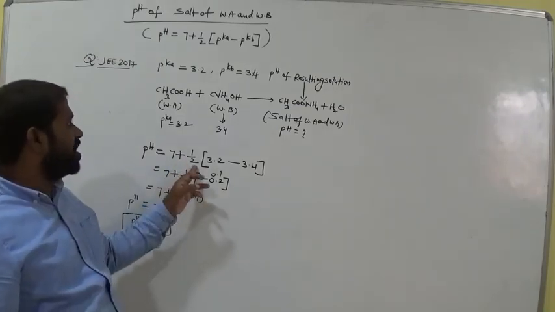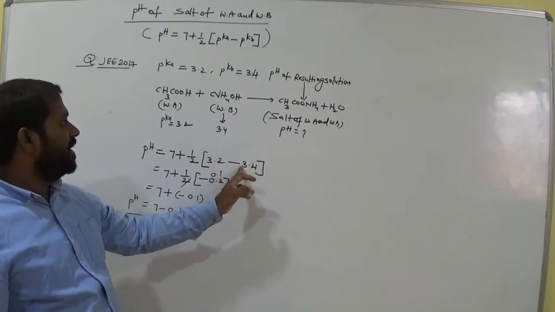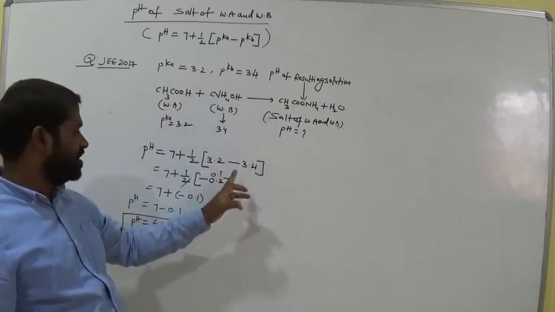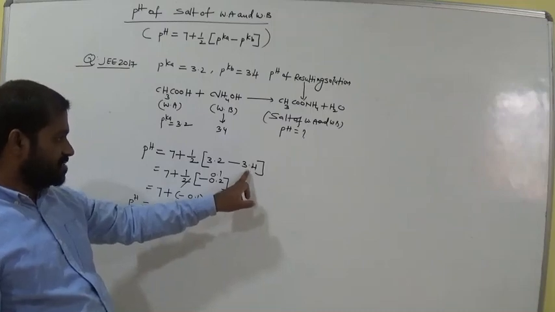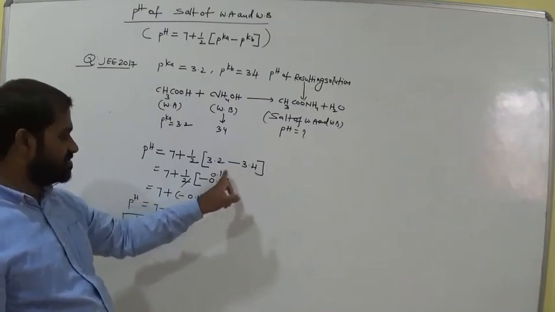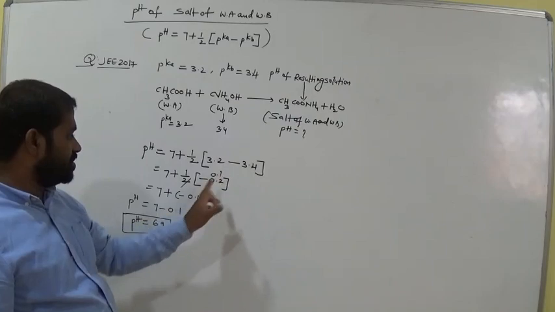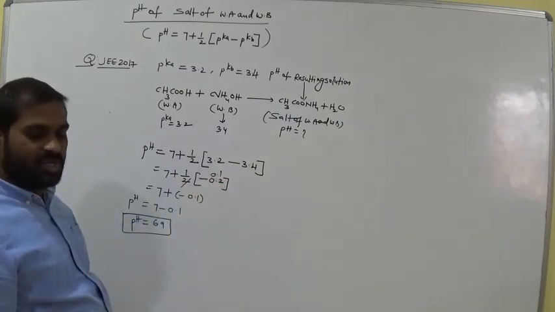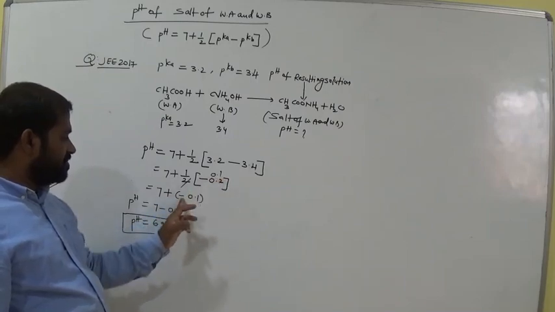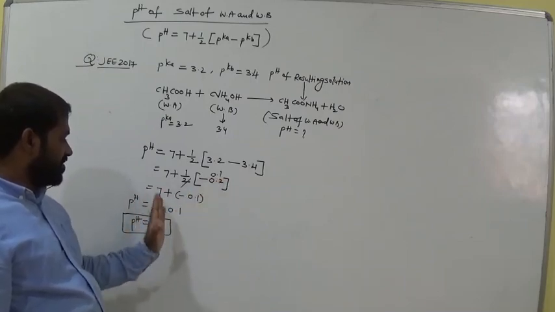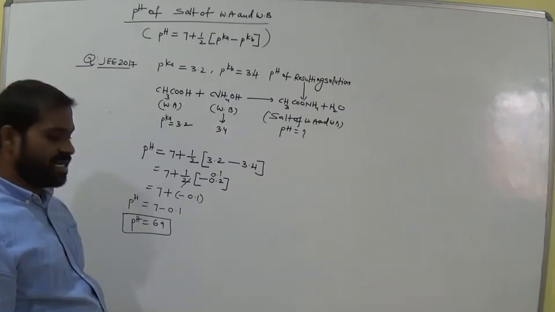So pH equals 7 plus half of pKa, which is 3.2, minus pKb, which is 3.4. Now subtract these values, we get minus 0.2. Since 3.4 is the higher value, we get a minus sign. Half of 0.2 is 0.1. Now 7 plus minus 0.1, so 7 minus 0.1 we get 6.9 clearly.